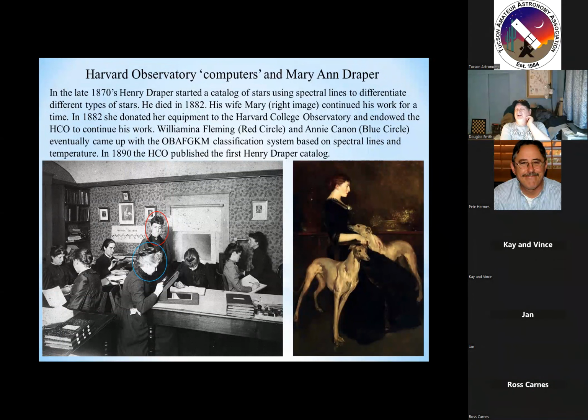And what they got out of their work and eventually published is what we know as the OBAFGKM classification system on the spectral classes and temperature. In 1890, the Harvard College Observatory finally published the Henry Draper catalog.